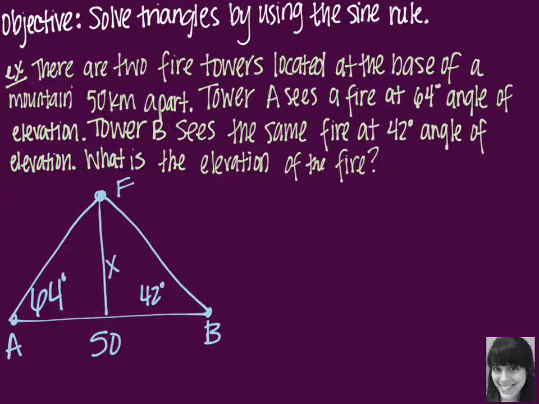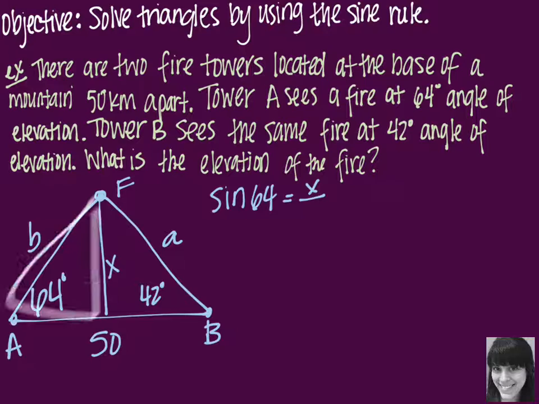I know that if I take, let's call this B and let's call this A, sine of 64, I'm going to get the opposite over the hypotenuse, which in this case for this triangle is going to be B, right?